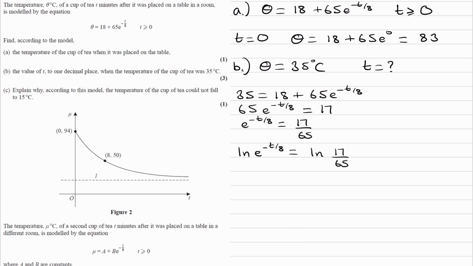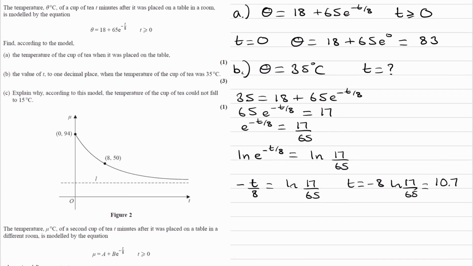And then the ln and the e cancel, and we get minus t over 8 is equal to ln 17 over 65. So then we end up with t is minus 8 ln 17 over 65, which will be 10.7. And the unit for time is minutes, so 10.7 minutes. And that is part B.